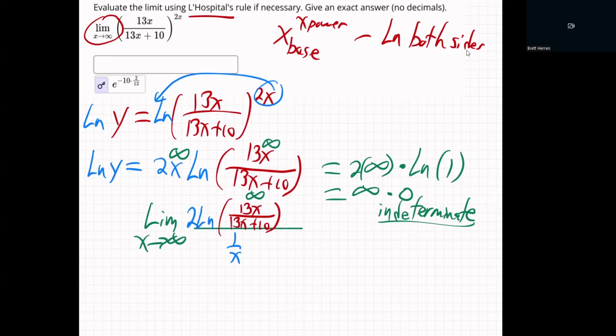Now, do you see what I've done there? Remember how when we have a 1 over x, we could flip it back up, it'd be x over 1, just be x, right back where it was. Remember, dividing is upside down multiplying. So if this is 2x multiplied by natural log, then I'm not messing with the 2. It's just x multiplied by natural log, then that's 1 over x divided. Because dividing is upside down multiplying, as we've talked about before, right?